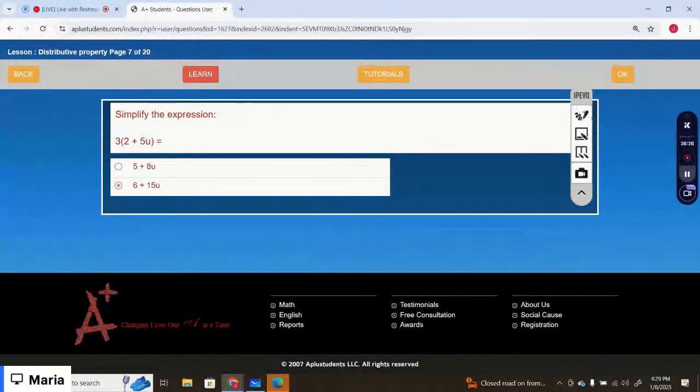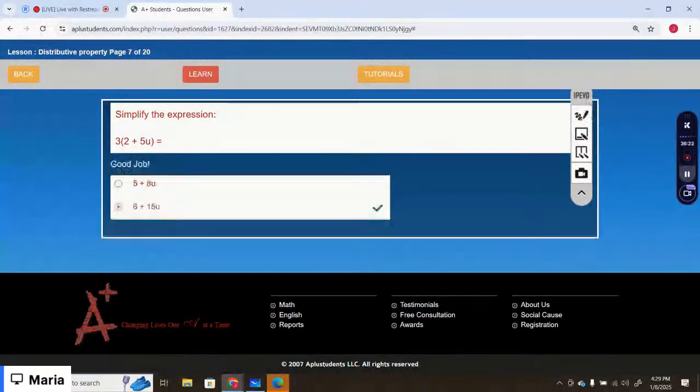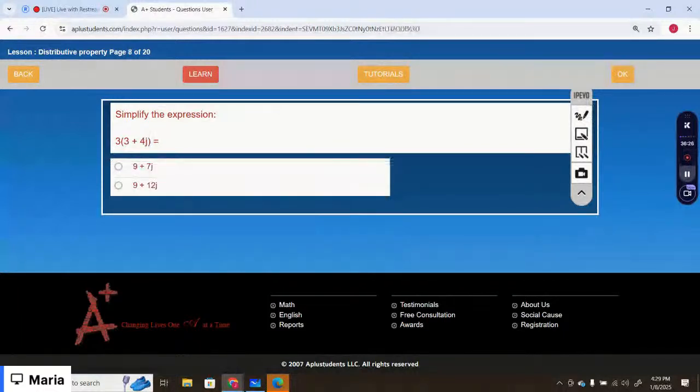That is 6 plus 15u. Option number 2 is the correct option. Simplify the expression 3 times (3 plus 4j).